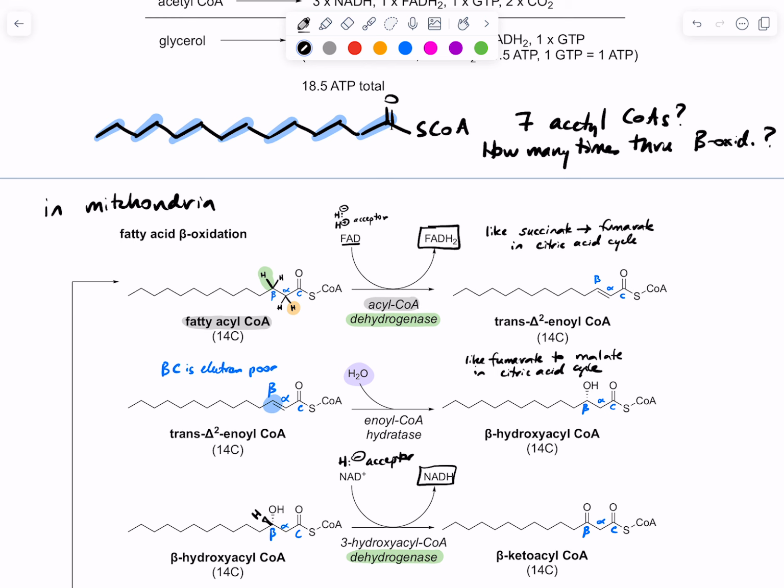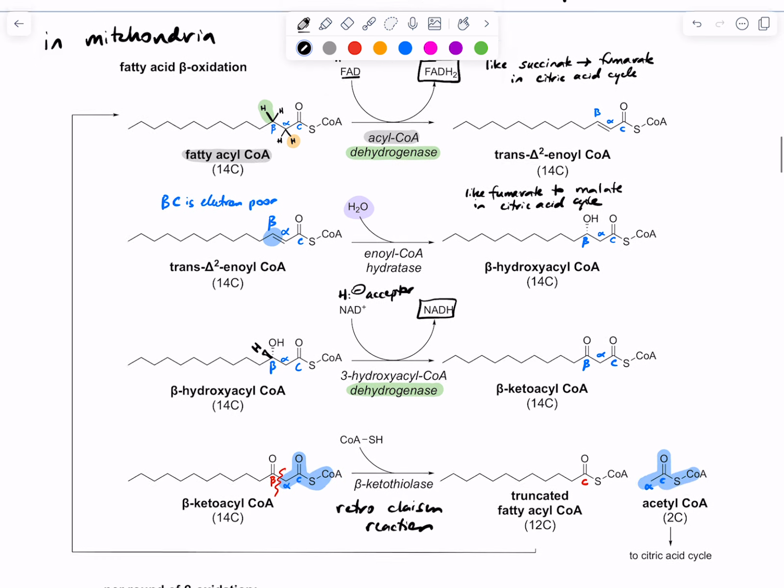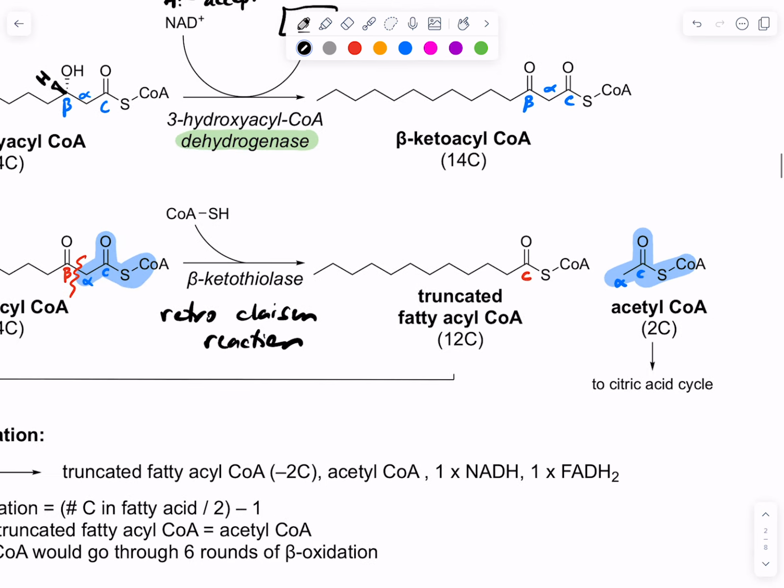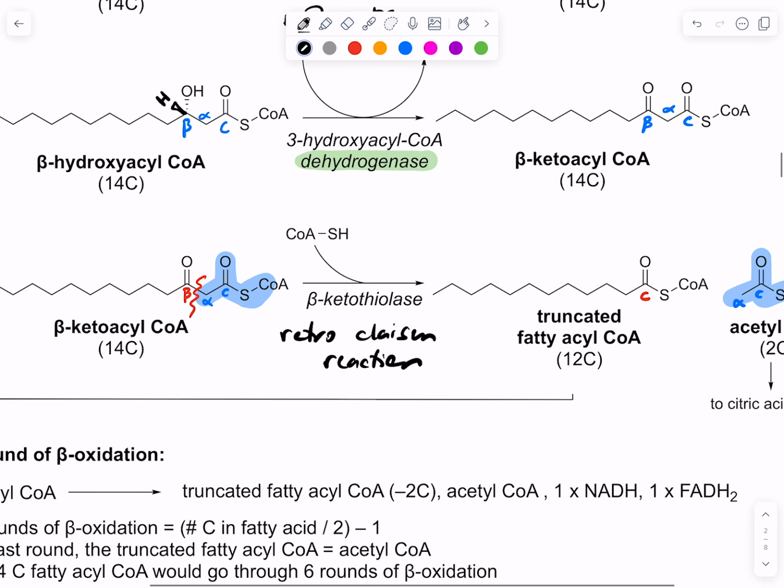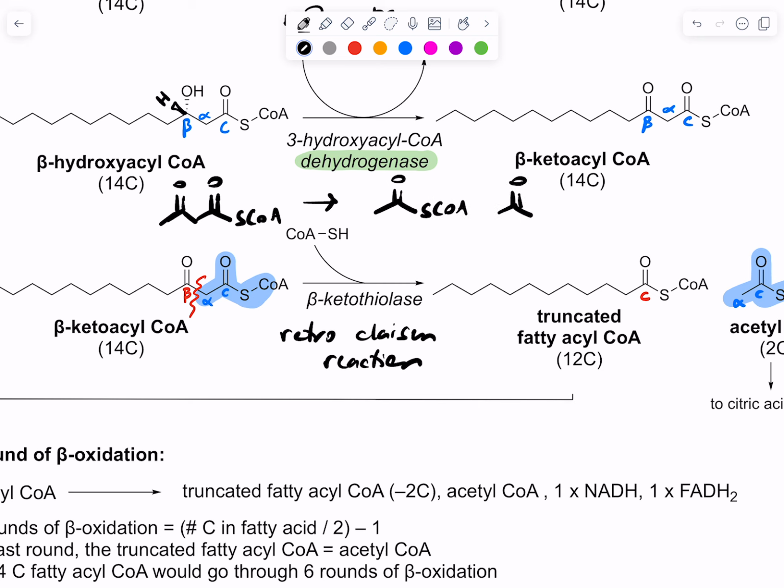6, right? The reason for that is you've only got 6 bonds to break, and importantly, the last time through, your final starting material is going to look like this, and the truncated acyl-CoA thioester at this point is just going to be another molecule of acetyl-CoA.